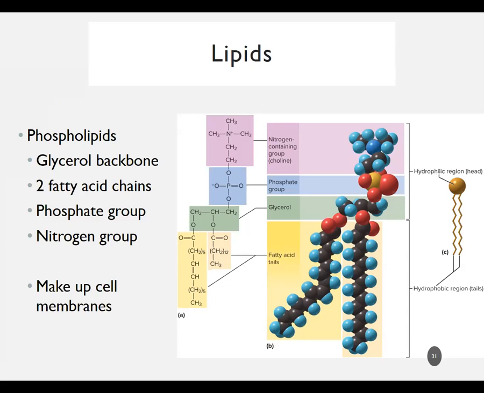So 4 oxygens around a phosphorus makes it a phosphate, and that's why these are phospholipids. I'm not really going to talk about the nitrogen group on top. I just ignore that most of the time. So don't worry about the nitrogen group. It's there. The important parts of this really are the phosphate group, the glycerol, and the 2 fatty acid chains.